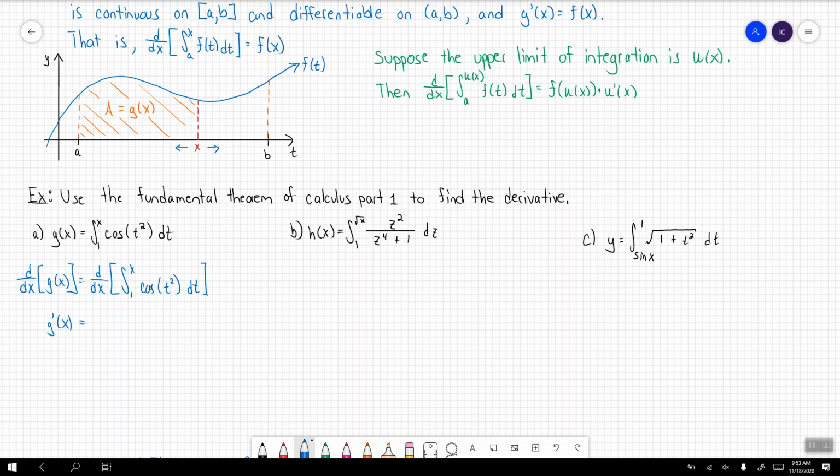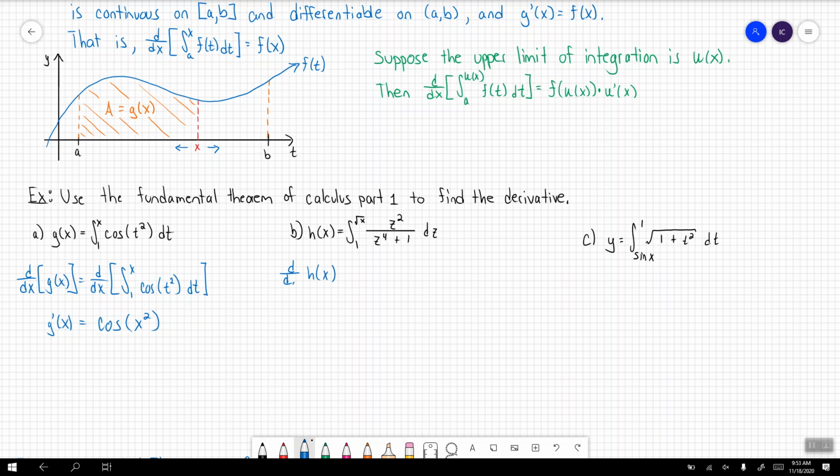So instead of finding the antiderivative and then taking the derivative, we're going to jump straight to that conclusion, and say that, hey, we already know what that's going to be. That's just going to be cosine of x squared. The antiderivative, and then we take the function, we wind up right back where we started, which is the function itself, just evaluated at x, because we took the derivative with respect to x. Now, looking at part B, we're going to do the same thing.